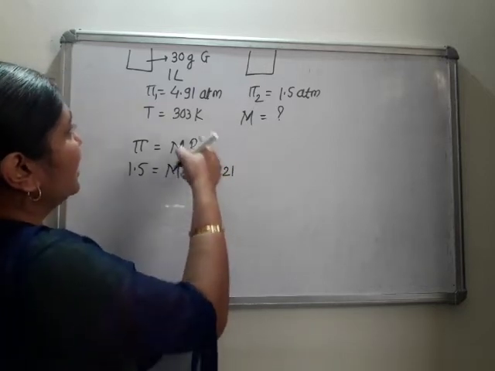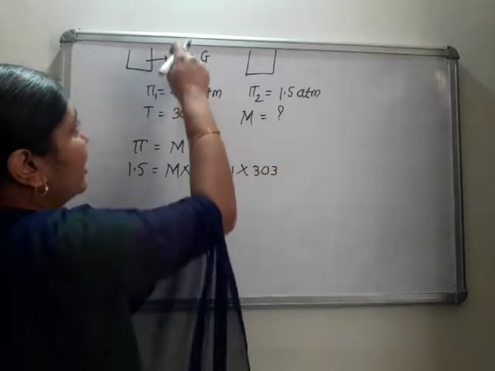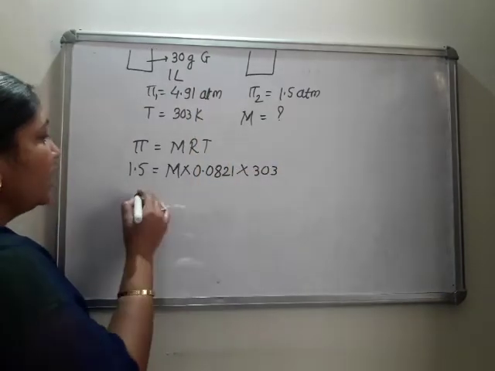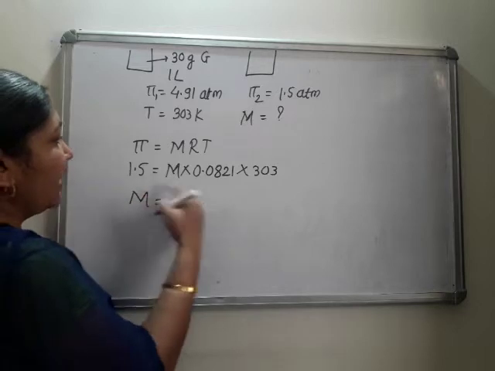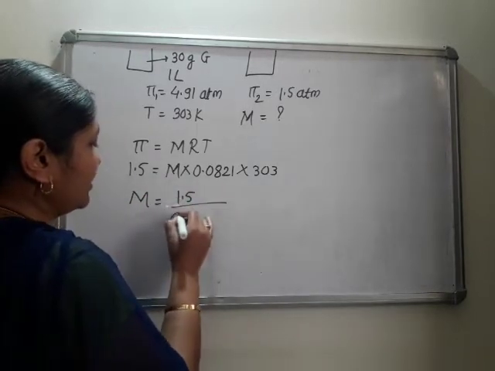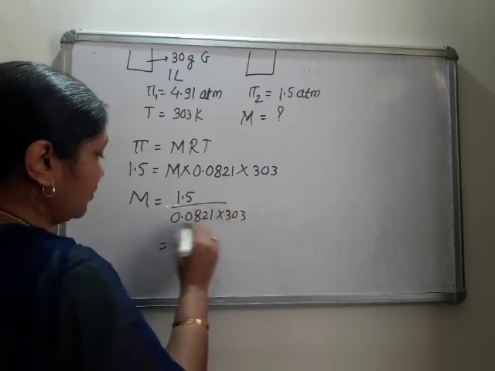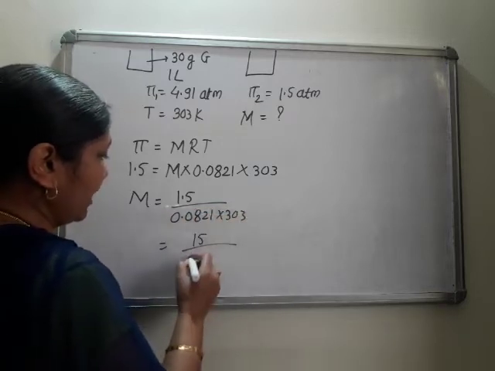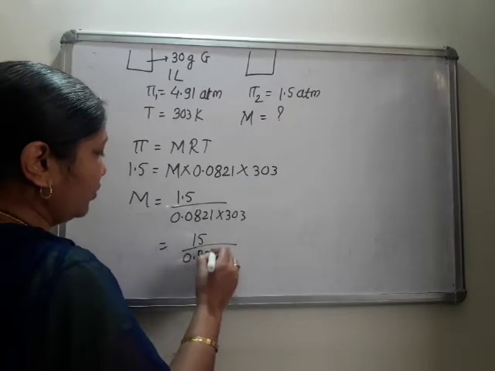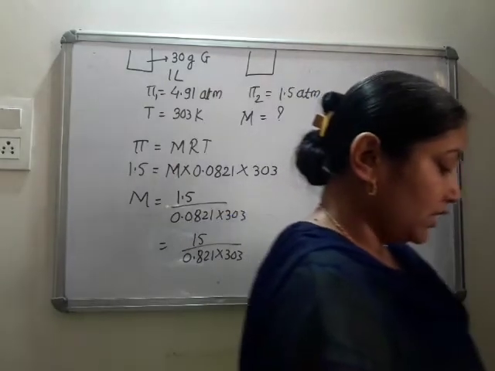And temperature is kept constant, that is 303 Kelvin. No use of all these other things. Okay, simplify this. So molarity is equal to 1.5 divided by 0.0821 into 303. Remove this decimal, it becomes 0.821 into 303. Find out what is the answer.